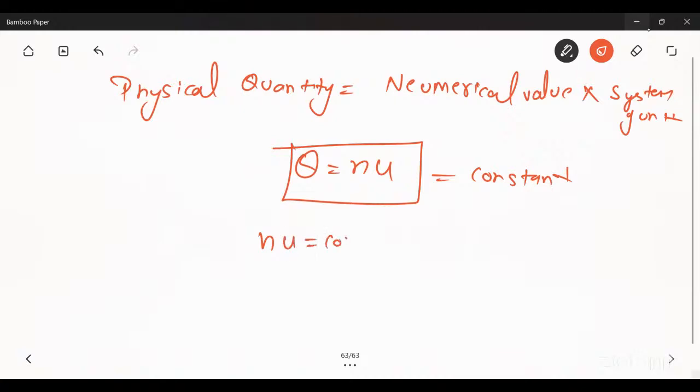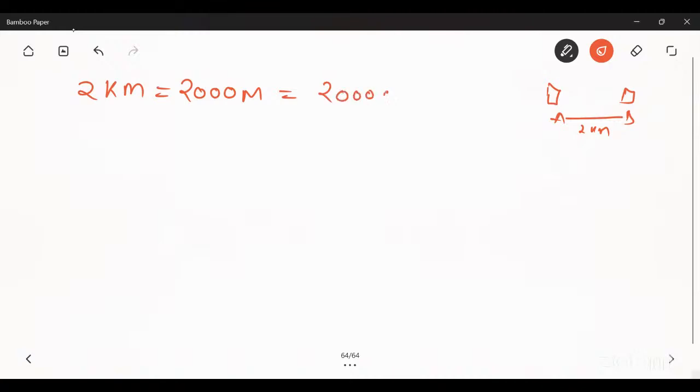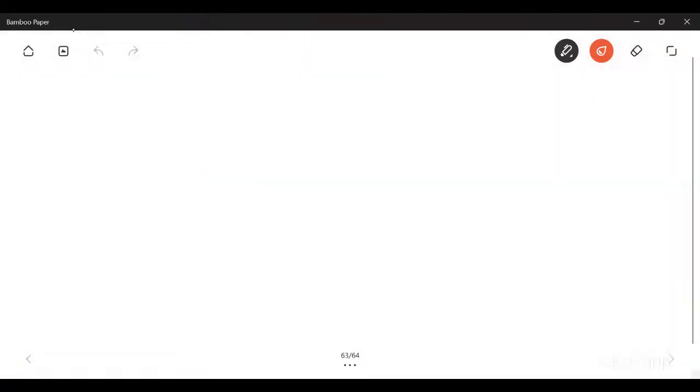Suppose the distance between two points A and B is 2 kilometer. I can write 2 kilometer as 2000 meter, since 1 kilometer equals 1000 meter, and I can write it as 20 lakh centimeter. What does this give? This is the principle of n u equal to constant.